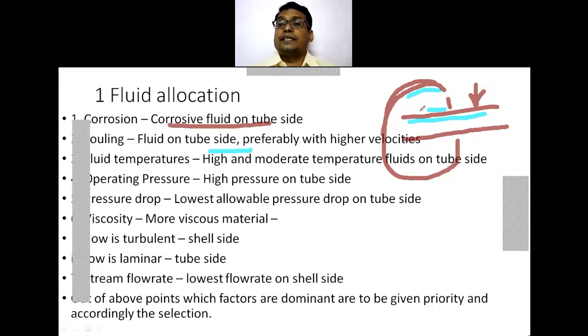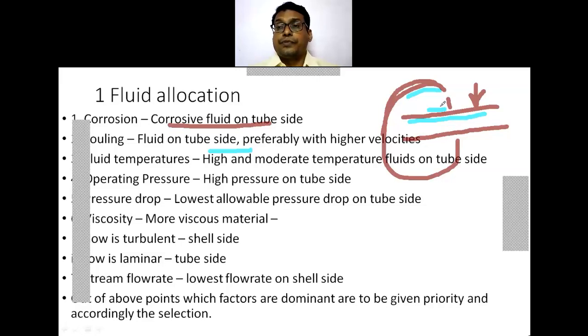Two surfaces are affected if the fouling fluid is kept on the outside of the tubes, that means the shell side. The shell is affected as well as the tube outside. And cleaning the outside of the tubes is more difficult than cleaning the inside.